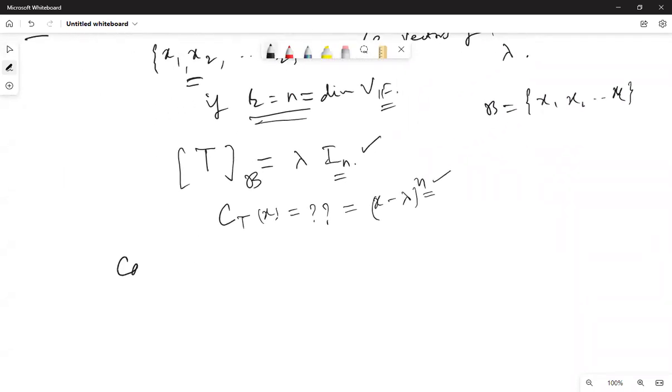So case 2: I assume that r is less than n.